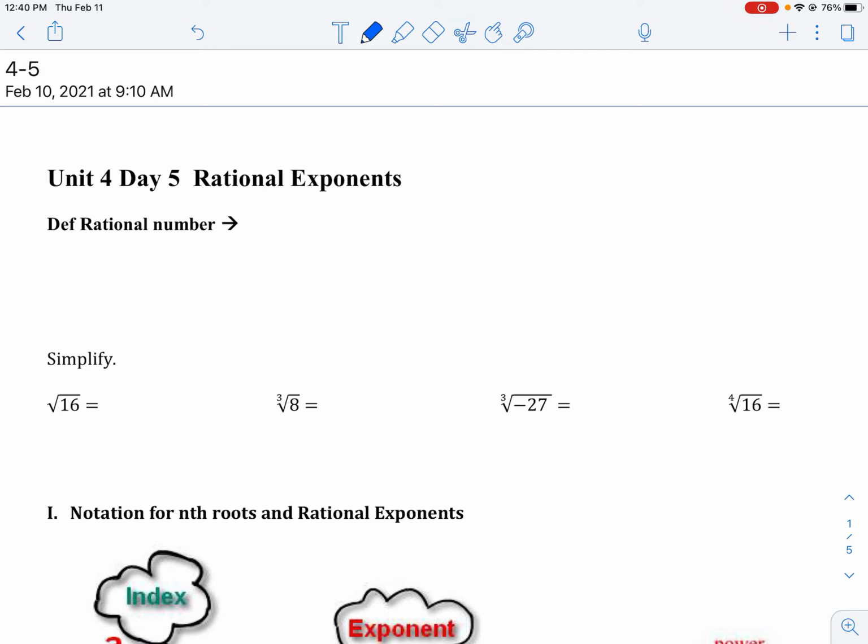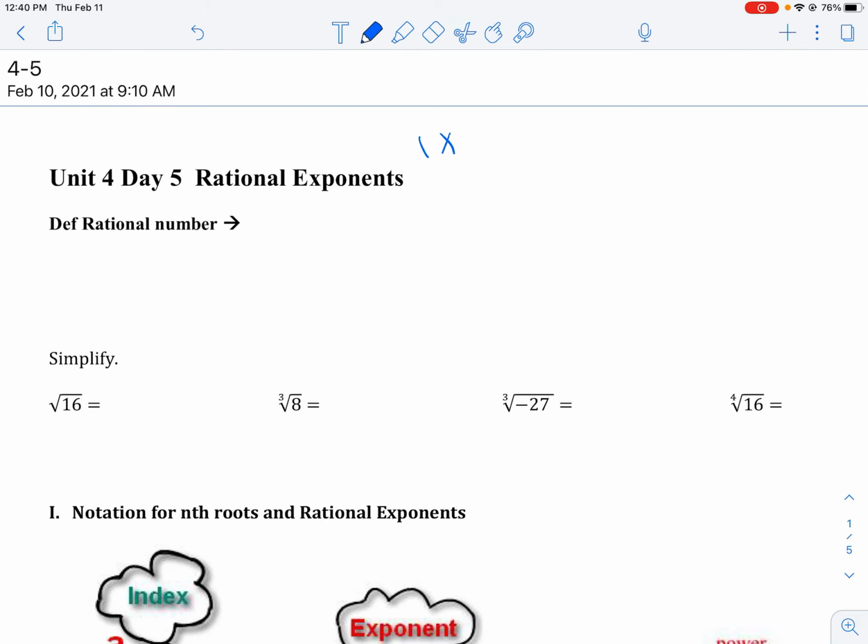Throughout this unit, or these next couple lessons, we're going to be going between radical form and exponential form. Remember, earlier I mentioned a couple times that the square root of x is really just x to the 1/2 power.